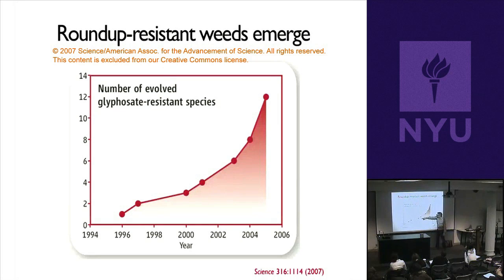basically, this should be scaring all of the executives from Monsanto, which is the company that makes Roundup, scaring them like crazy, right? Because what this basically means is this chemical is going to become ineffective soon, right? Because if you have this much widespread resistance to the chemical, then the whole principle of using it goes away, right?